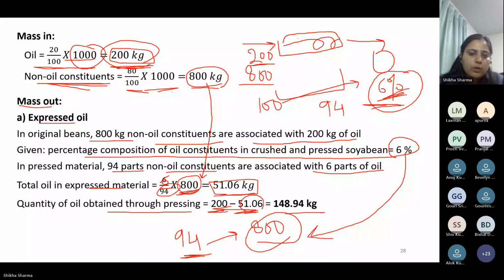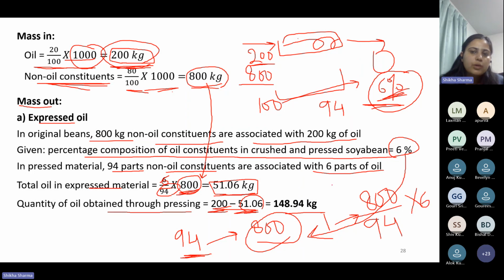When we do the unitary method, it will be 800 divided by 94 for one part of the non-oil part. We have 6 parts of oil, so multiply by 6.